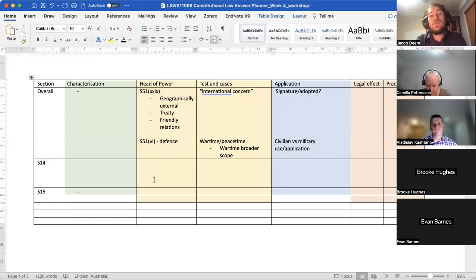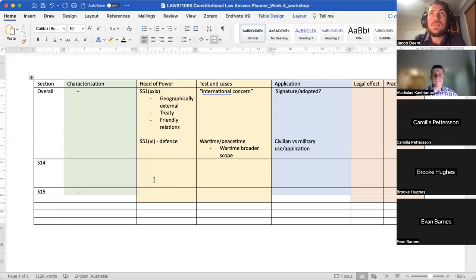So we've honed in a bit on this idea of treaties and potentially there being issues around signatures and things like that.